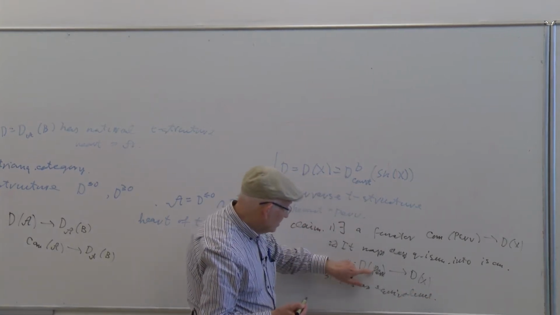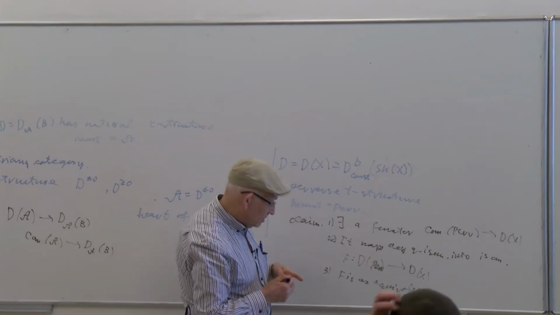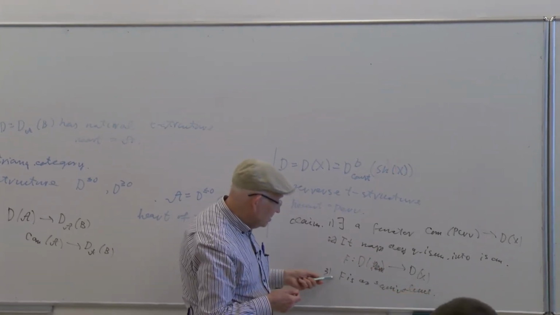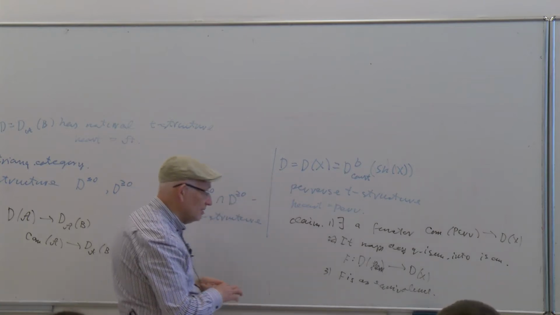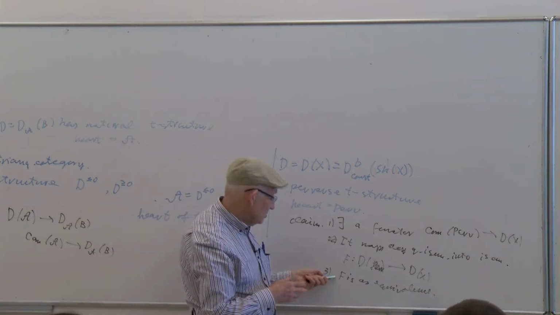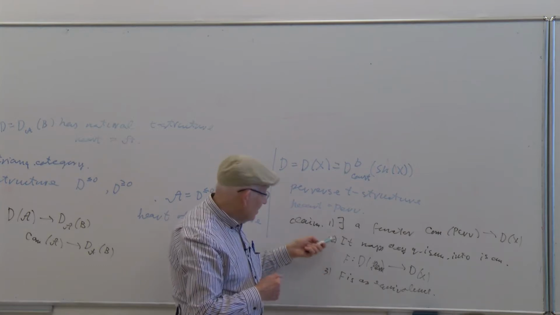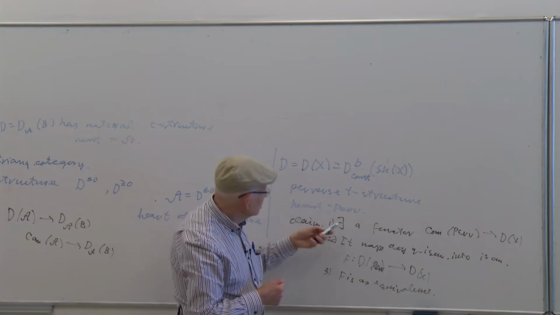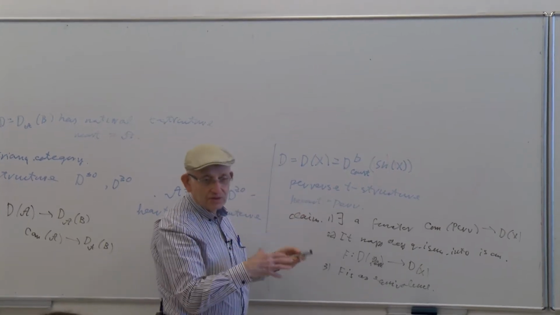Okay, just let me explain the status of all these things. This theorem is a result by Bernstein, and this is difficult. And this is relatively easy. The idea is that D of X is not just a triangulated category, it is in fact the derived category of something.